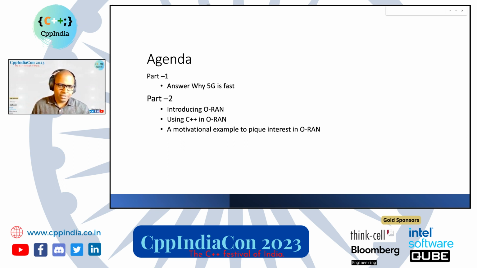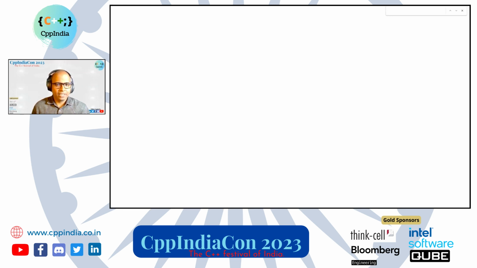Don't worry about the abbreviation ORAN, we will come to it. Between part one and part two, there will be a short break. If there are any questions, we can answer them, and at the end of the talk, we can answer further questions. Let's start. Why is 5G fast?